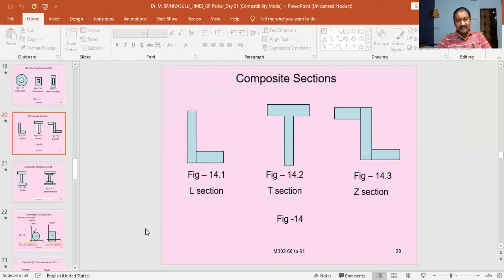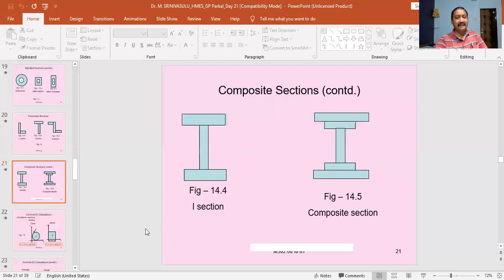That's why these are called composite sections, like this I section. We mostly use the I section in various applications like structural applications, and in the making of rails, the I section and built up I can be used.